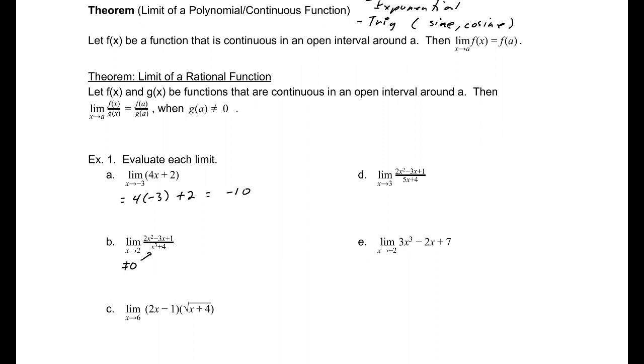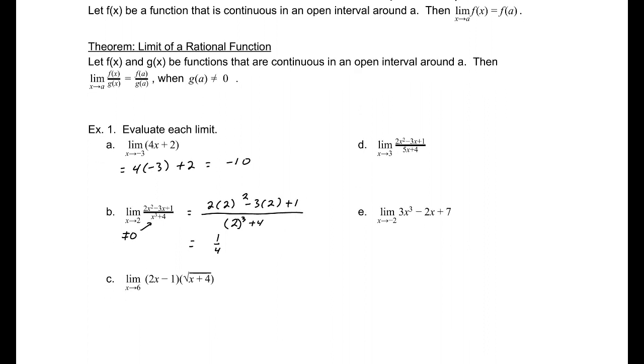So we can just evaluate this. This will be 2 times 2 squared minus 3 times 2 plus 1 over 2 cubed plus 4, which is 1/4. Is what that reduces down to. So again, because we're not dividing by 0, by that previous theorem, we can just evaluate.